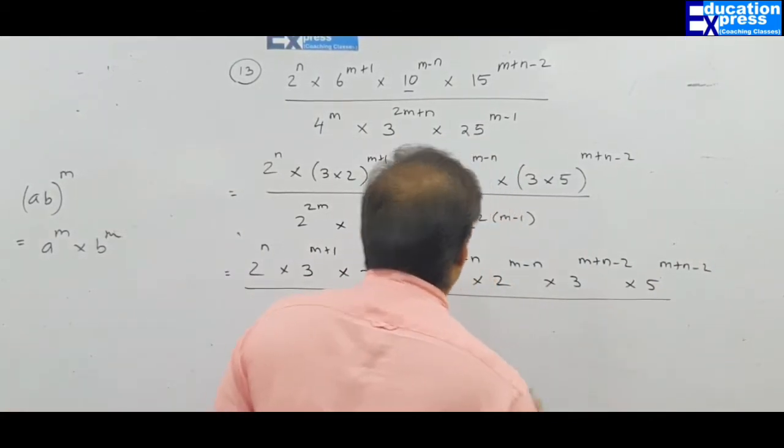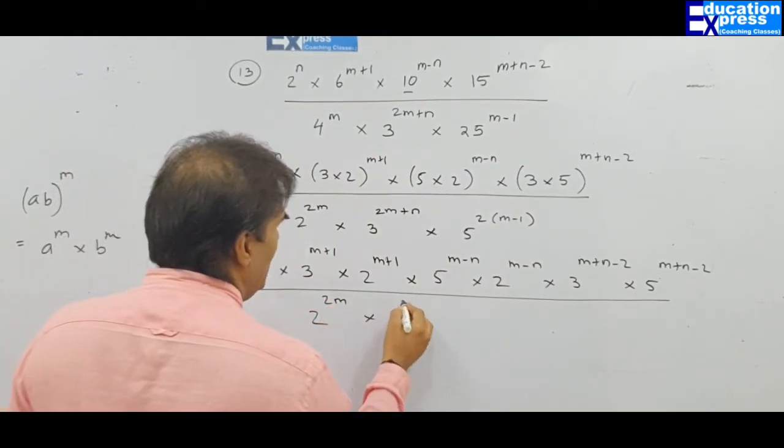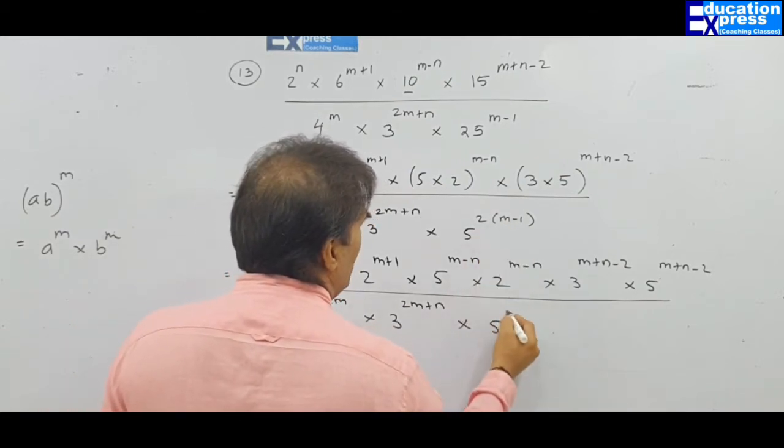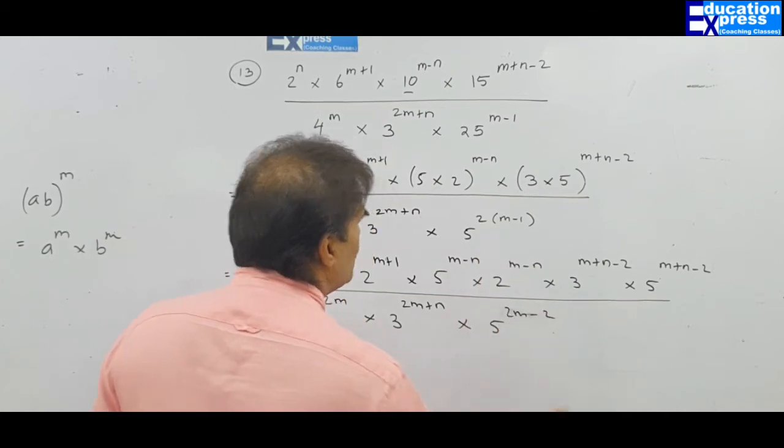Okay guys, then what? 2 raised to 2m multiply by 3 raised to 2m plus n multiply by 5 raised to, sorry, not 10, 2m minus 2.